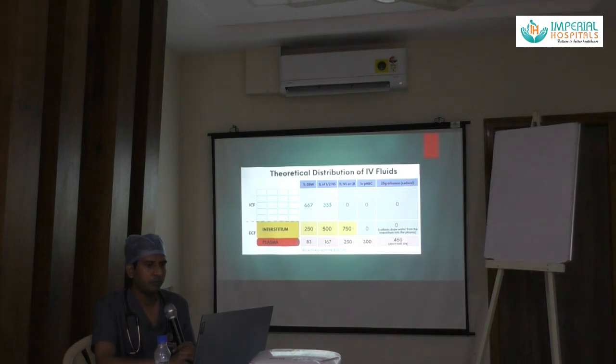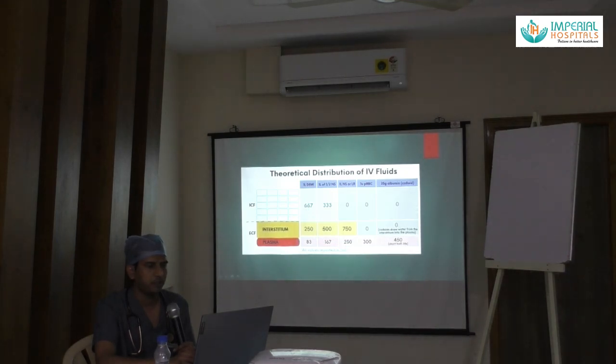So when we give different types of fluids, either crystalloids, dextrose water or colloids, how are they distributed among the intracellular fluid and extracellular fluid? If we give 1 liter of dextrose 5% water, more than 60% will go into the intracellular space.